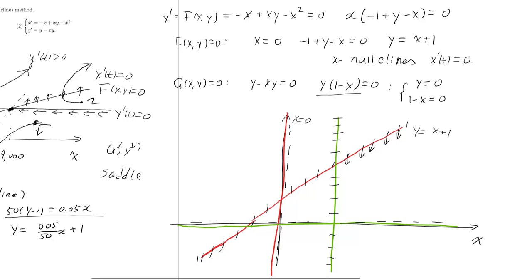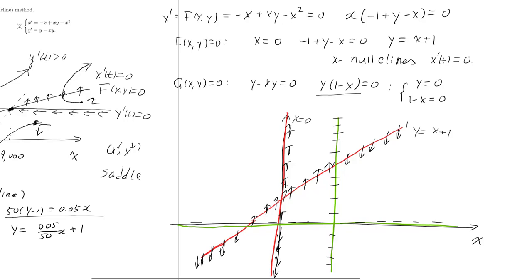And once you pass this one, then 1 minus x becomes positive and y is still positive, and you will go all the way until y becomes negative, then it changes direction again. On this line, x is 0, so 1 minus 0 is 1, and y over here is positive. And then when y is negative, it goes down.